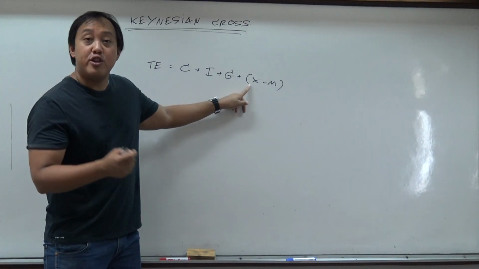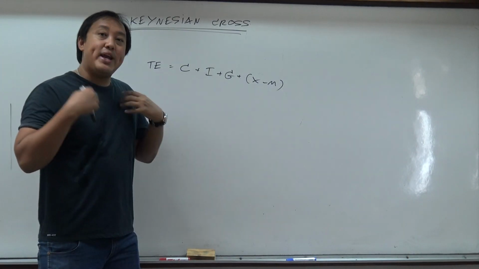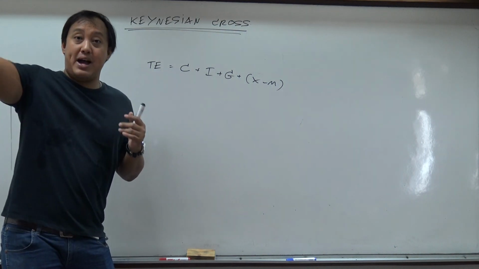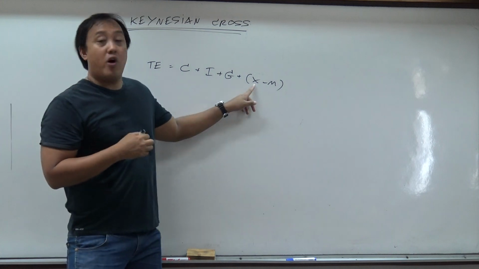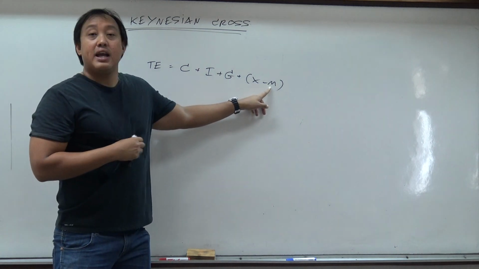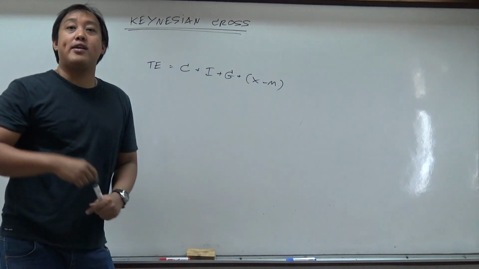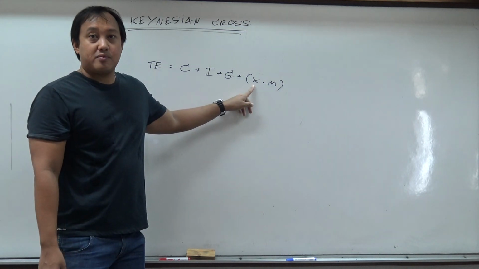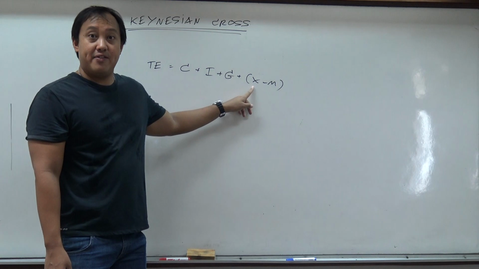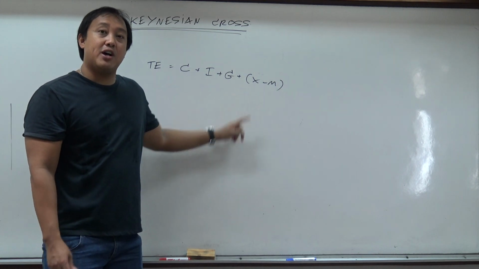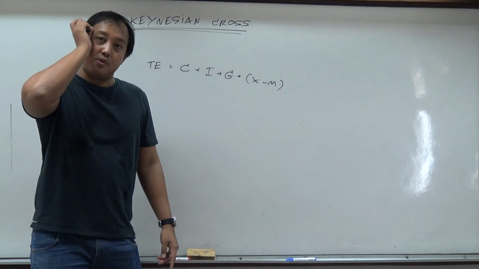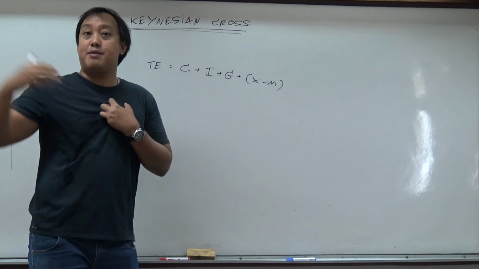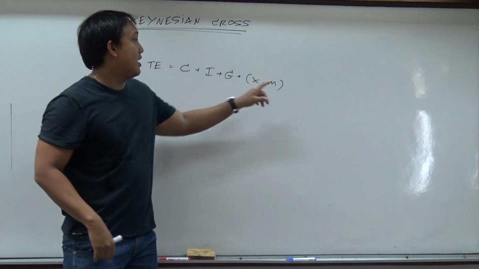Export means we sell the product to another country, and the other country spends money on our product. Import means we spend money on foreign products. Export is always positive because foreign customers spend money on our product, so the money flows into our country.